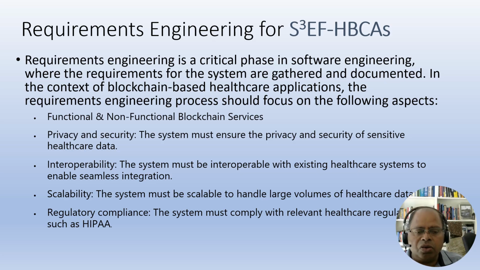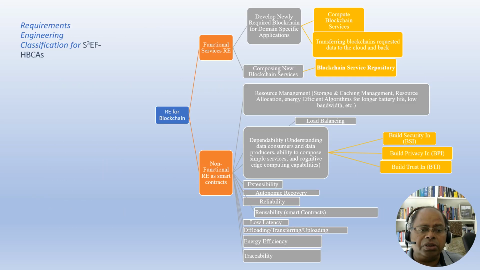This is known as functional requirements, and there are non-functional requirements, which should be based on the characteristics of the blockchain, such as decentralization, transparency, and so on. Some of the non-functional requirements are privacy, security, sustainability, regulatory compliance, interoperability, and scalability.